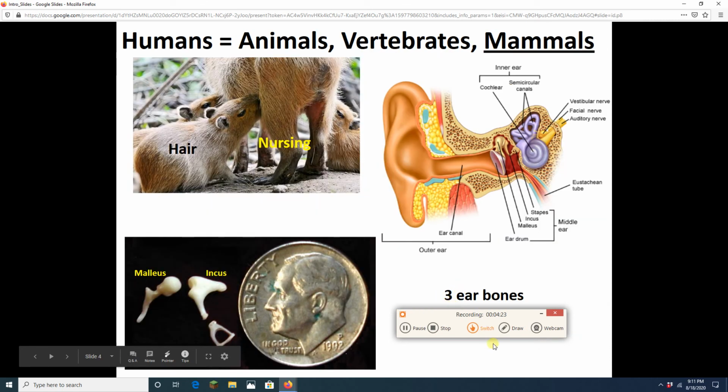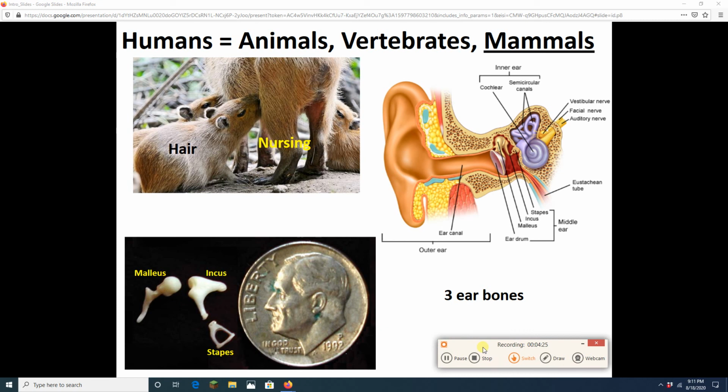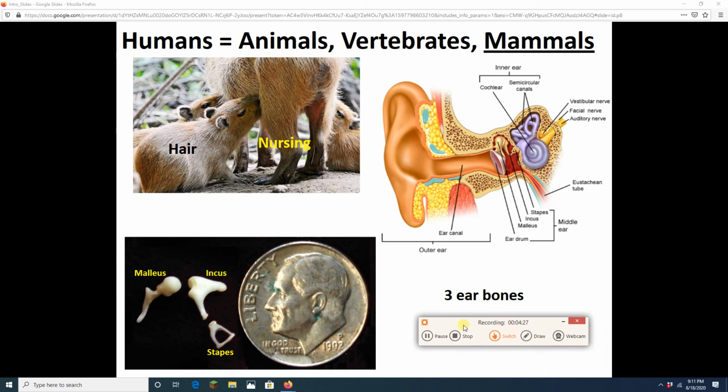We're mammals. We are mammals for 3 major reasons. We nurse our young. We make milk or have the capacity to make milk. We have hair. All mammals have hair. It helps keep them warm and serves sensory functions as well.